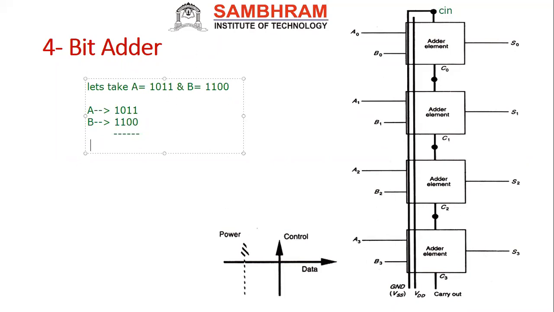Next, what output will I get? I may get the output as 1. Here also 1 I will get. Yes, next 1. Next is 0.